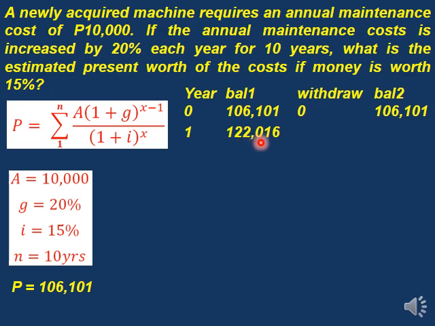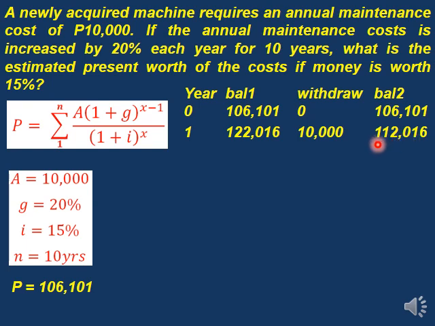It is exactly or about 122,016. Now, since this is at the end of the year, you go to the bank and withdraw an amount for your first maintenance. The amount to be withdrawn is 10,000 pesos. After withdrawing 10,000 pesos, the balance of your money in the bank is 112,016.